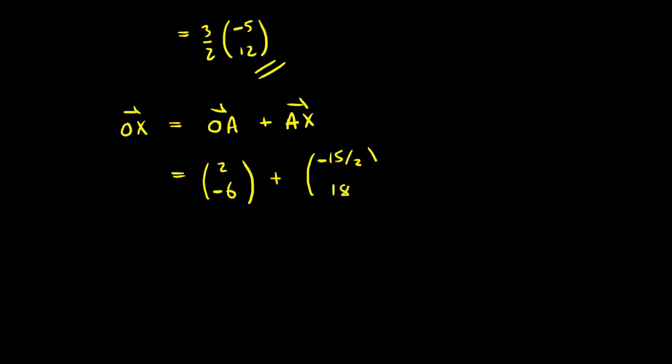So if I now combine these, I've got 2 plus minus 15 upon 2, which is 4 upon 2 minus 15 upon 2. Is that minus 11 upon 2? I'm just going to double check because I'm a bit tired today. My brain isn't working. Yeah, minus 11 upon 2. And I got minus 6 plus 18, which is 12. So the vector OX should be negative 11 upon 2, 12.